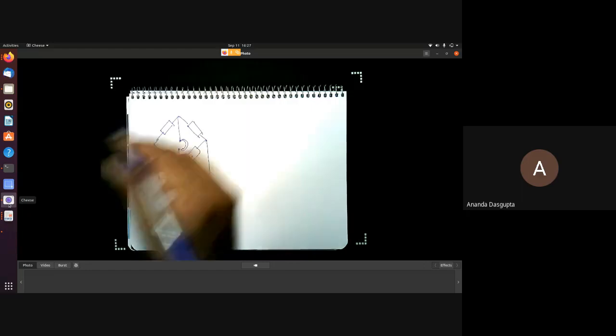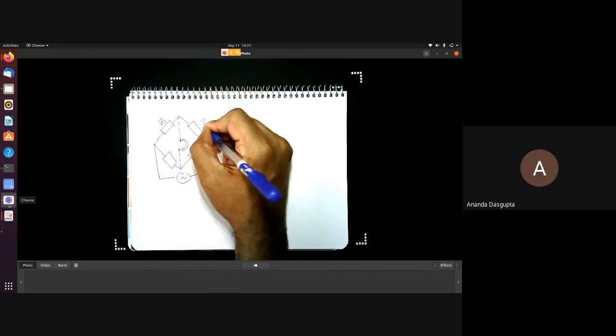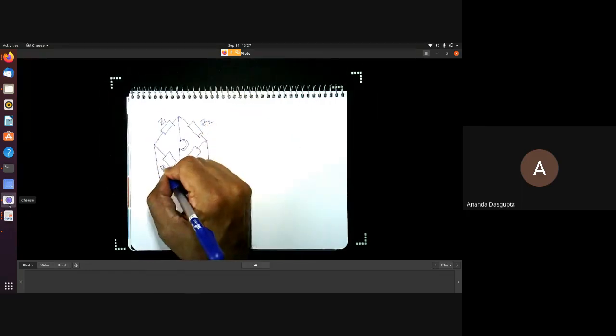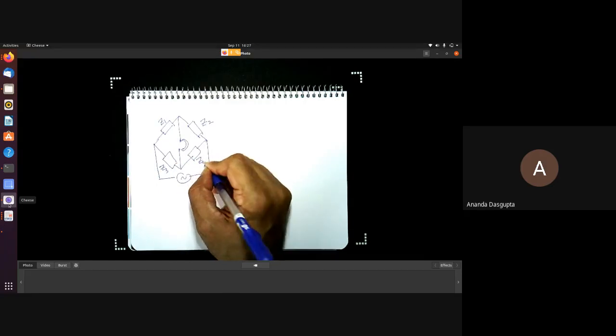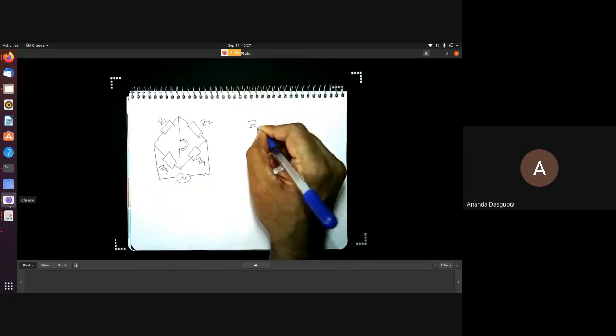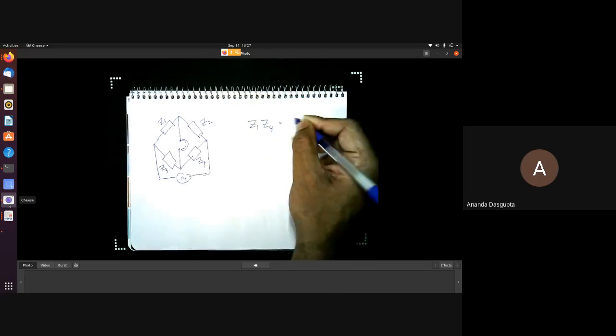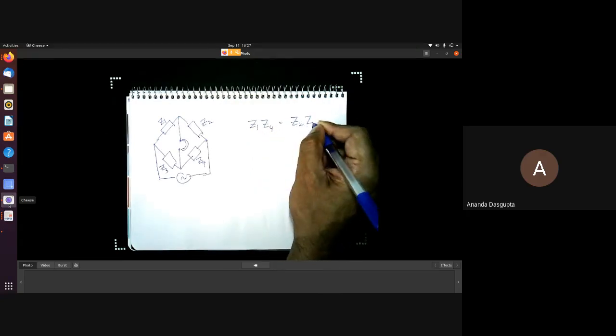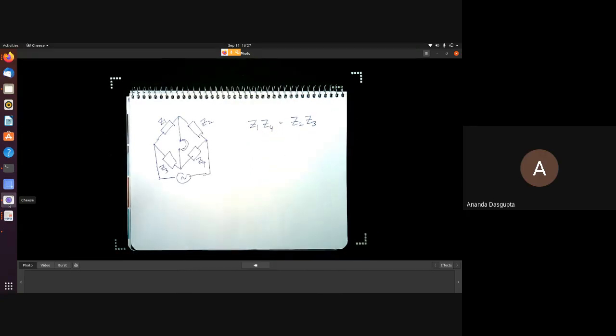Actually, in experiments it often is because the human ear can make out sounds much better than most of our cheap instruments. And the condition that we had was Z1 Z4 equals Z2 Z3. Okay. We also had an example of a few bridges.